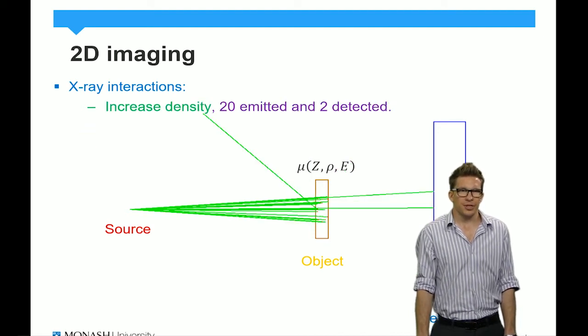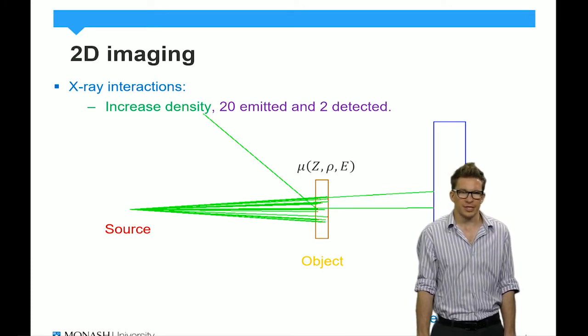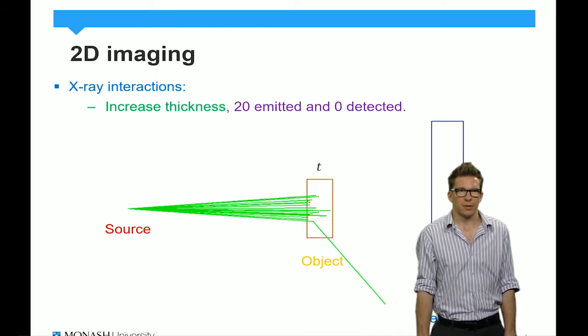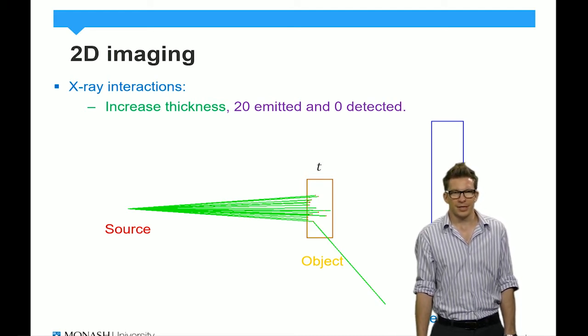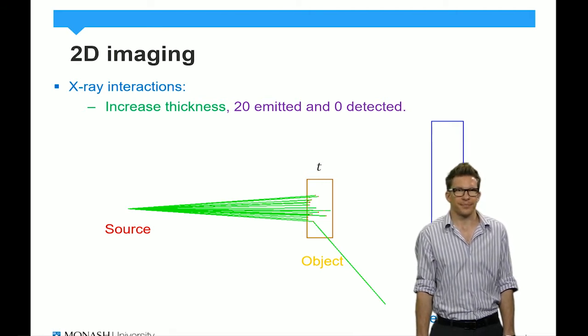So I can reduce the number of X-rays that pass through the object and become incident on the detector by increasing the density of the object. Also, I can increase the thickness of the object. So here we see both mu and t affect the attenuation of the object.